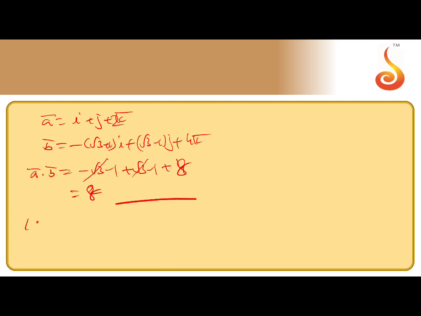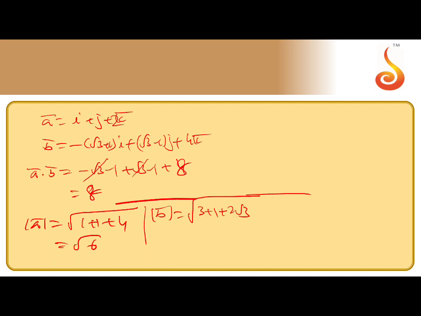So next modulus A. Modulus A is root over 1 plus 1 plus 4, that means root 6. And modulus B, if you expand, this is A plus B whole square, A minus B whole square. 3 plus 1 plus 2 root 3, 3 plus 1 minus 2 root 3 plus 16. Cancel.